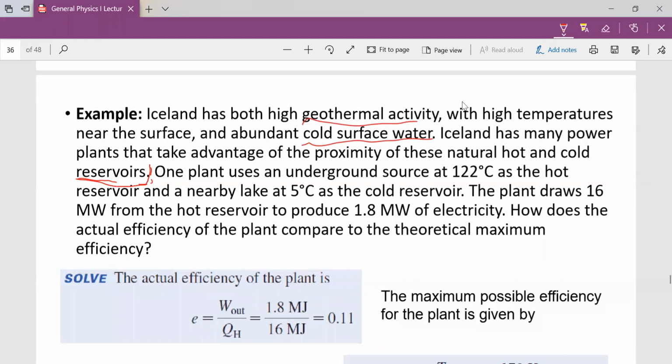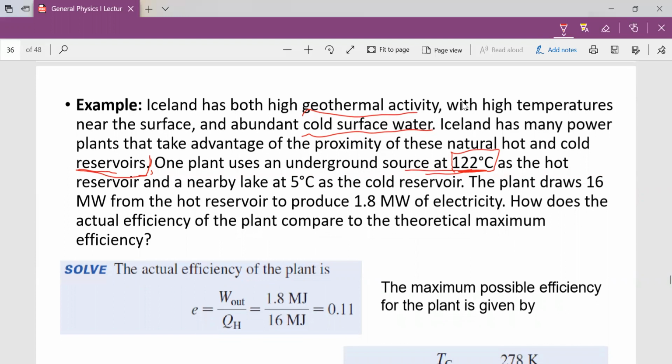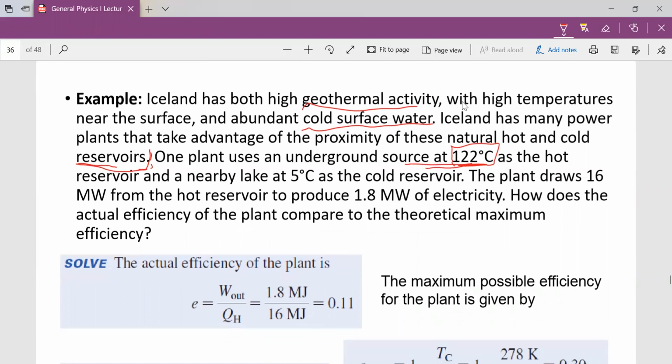One plant uses an underground source at, look at the value, it is given to us in degrees Celsius. So you keep in mind it must be in Kelvin. So one plant uses an underground source at 122 degrees Celsius as the hot reservoir, and a nearby lake that is 5 degrees Celsius as the cold reservoir.